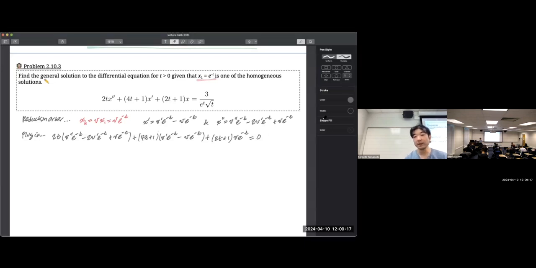Right off the bat, you can cancel all the e to the negative t's, because every single term has e to the negative t in it, so we divide all that out.